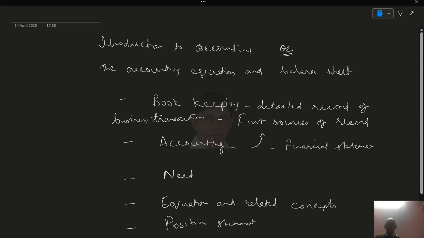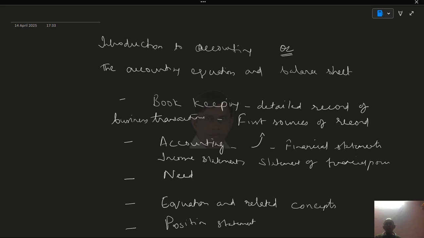Financial statements are the income statement, wherein you find out what income we have received, the statement of financial position, also known as the balance sheet, and the cash flow statement. So those are known as financial statements. Based on the data provided by bookkeeping, accounting is done.